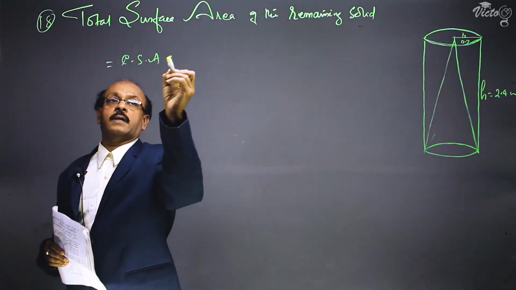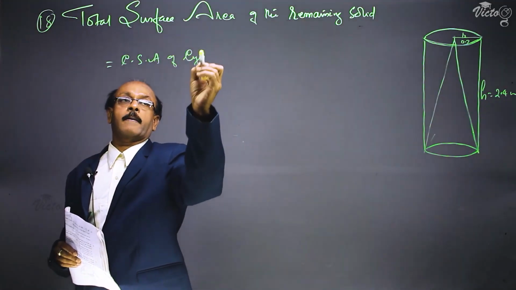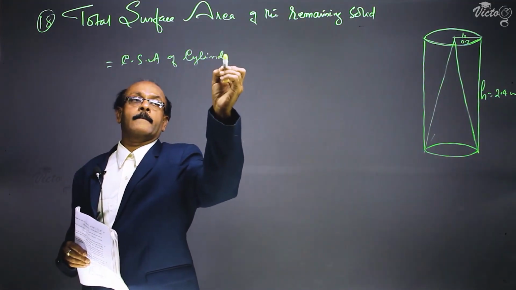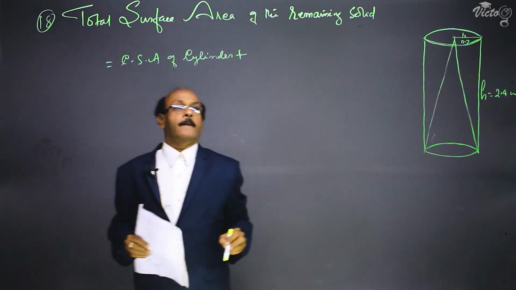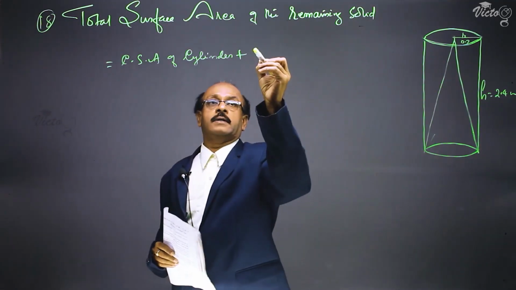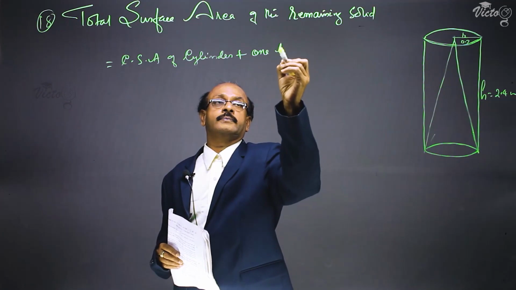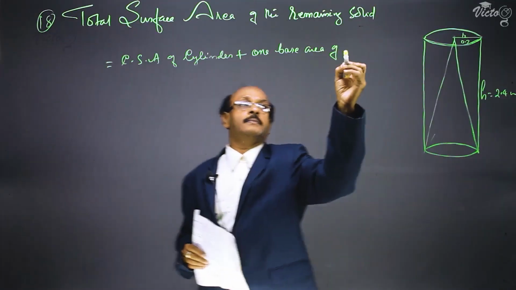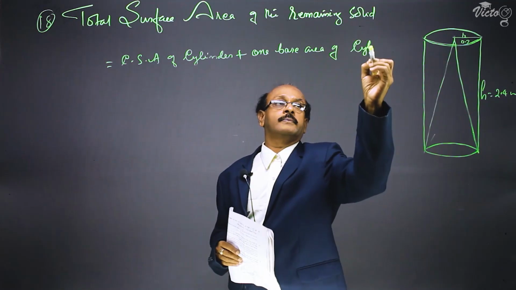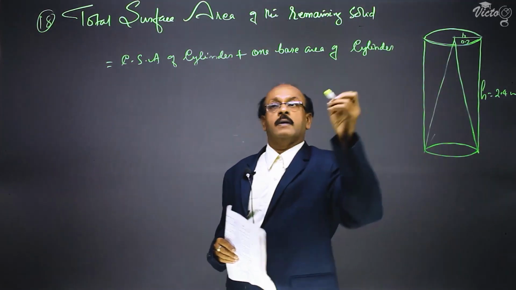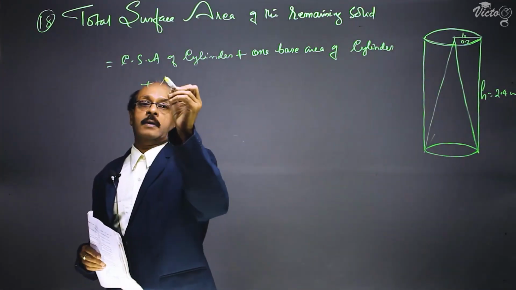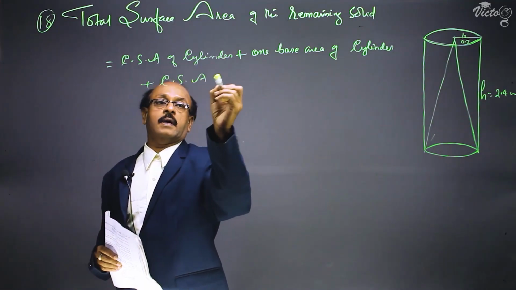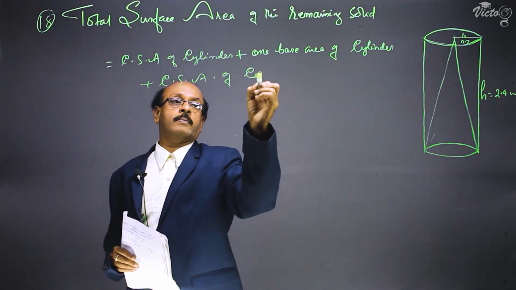curved surface area of cylinder plus one base area of cylinder plus curved surface area of cone.